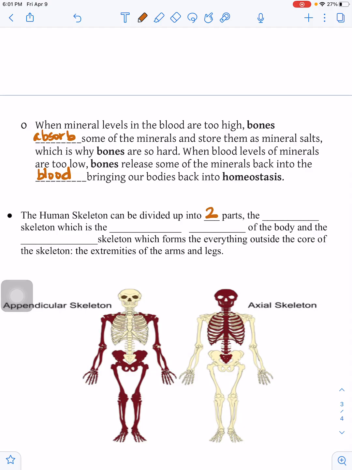The axial skeleton, A-X-I-A-L, and of course it's written down here too. The axial skeleton, which is the central core of our skeleton. See, it's the central part. It has our skull, our ribs, our sternum, our backbone of the body.